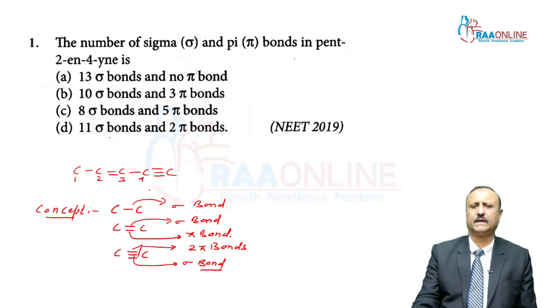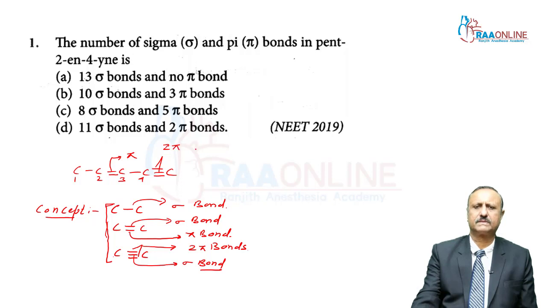So, my dear students, this is the concept and we can apply this concept in this question. We can see here 1 pi bond is present, here 2 pi bonds are present.